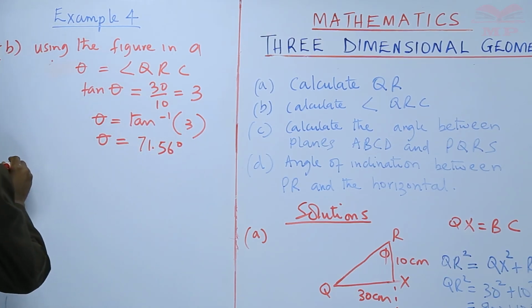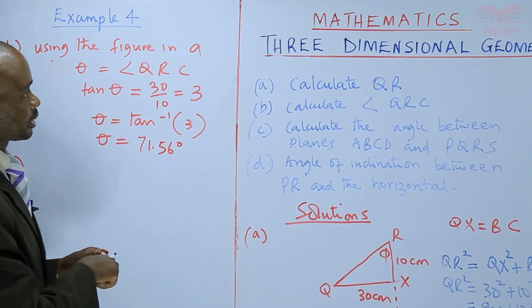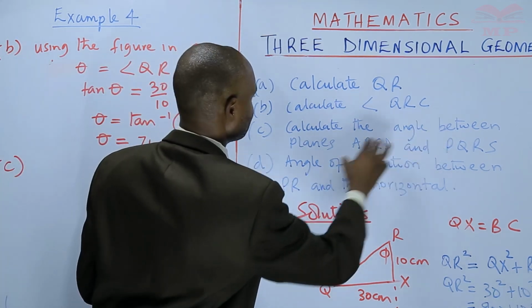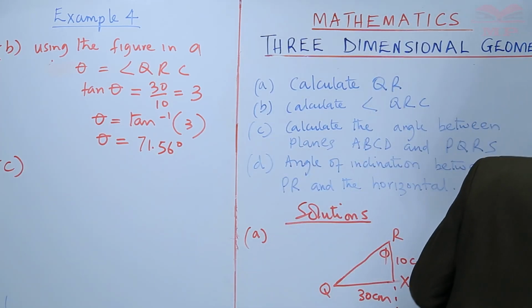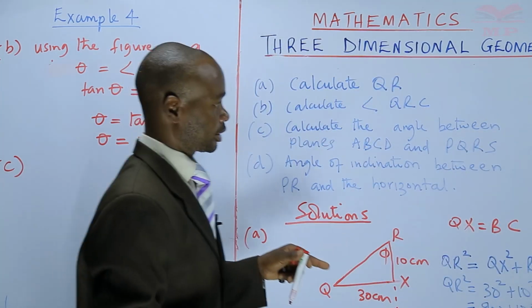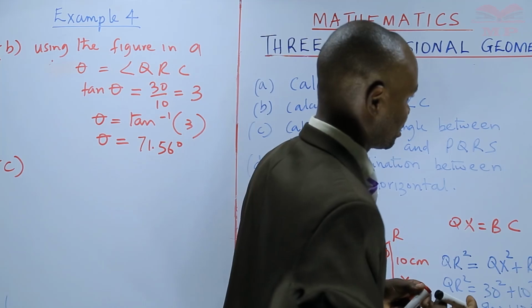We move to C. Calculate the angle between planes ABCD and PQRS.